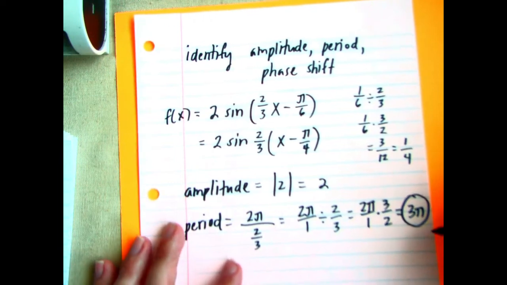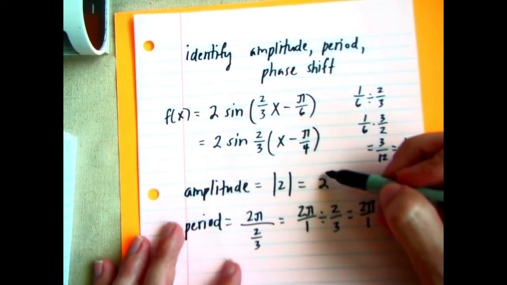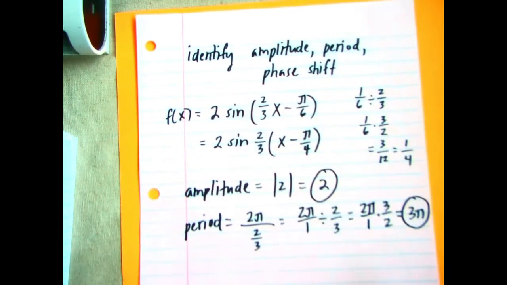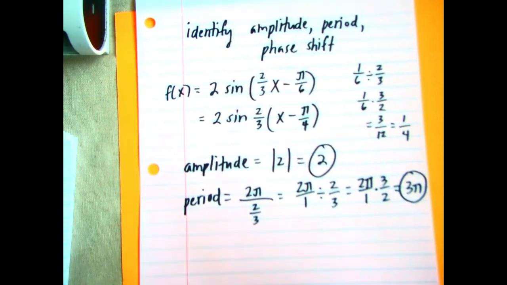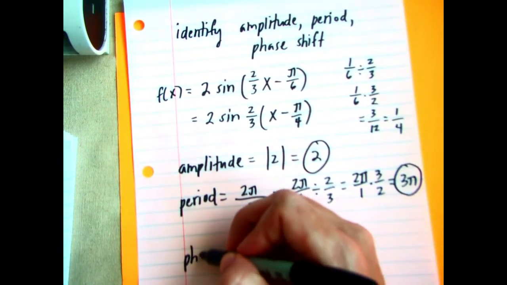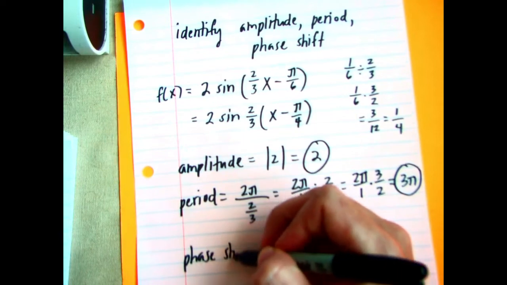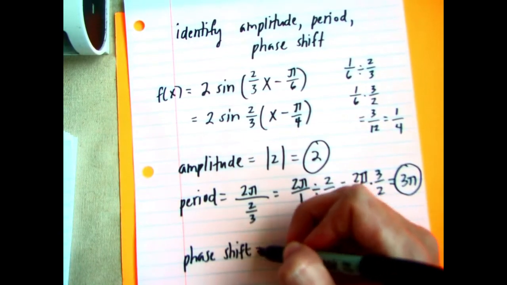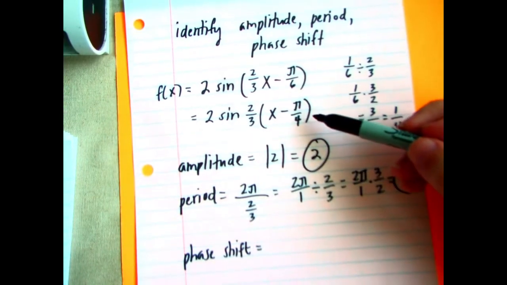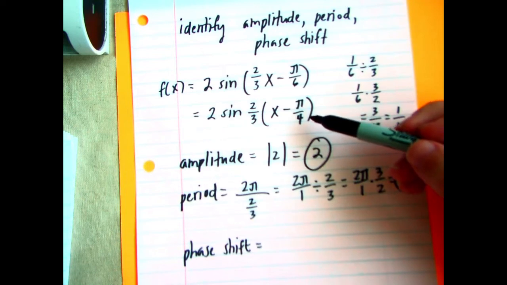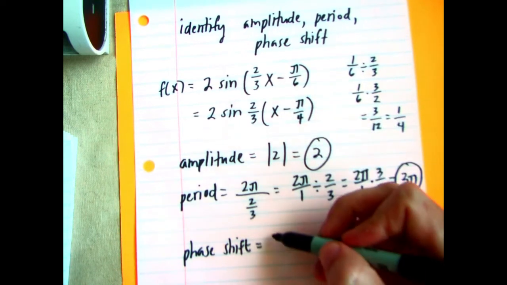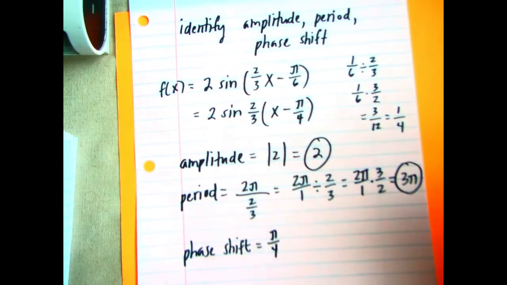And then finally my phase shift. My phase shift is pi over 4 units to the right. I'm going to go the opposite sign from minus, so I'm going to go pi over 4 units to the right.